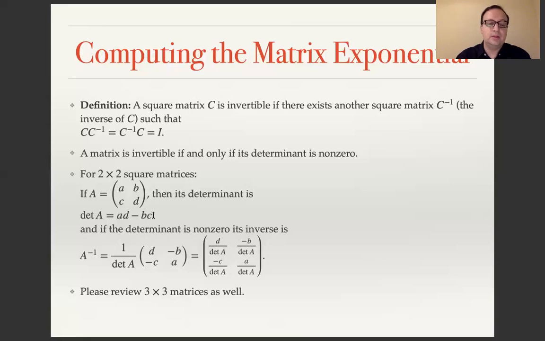And if the determinant is non-zero, then the inverse, A inverse, is 1 over the determinant of A times the matrix d, minus b, minus c, a. Multiplying a number times a matrix means we multiply each entry of the matrix by that number. So this is the matrix with entries d over the determinant of A, minus b over the determinant of A, minus c over the determinant of A, and a over the determinant of A. And it would be good to also look at 3 by 3 matrices.